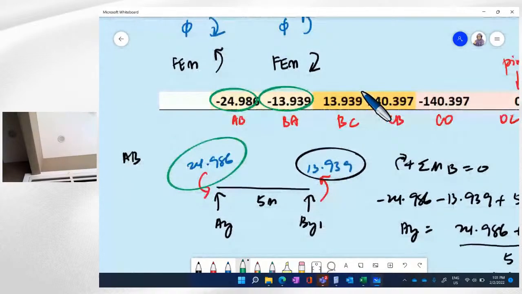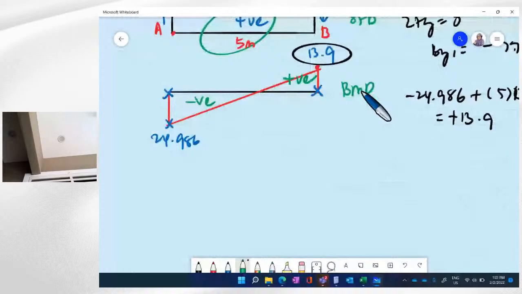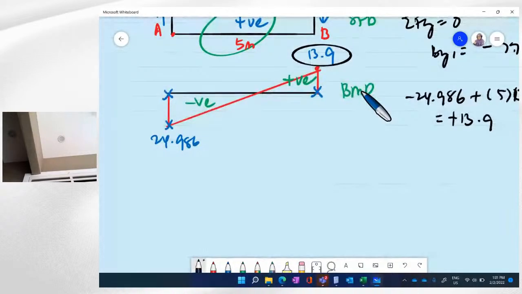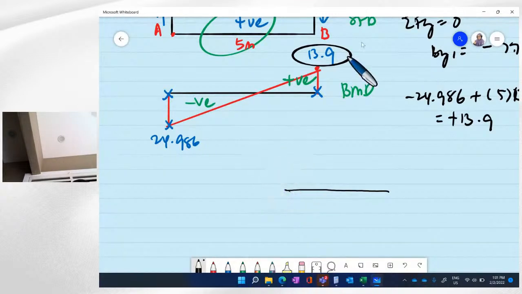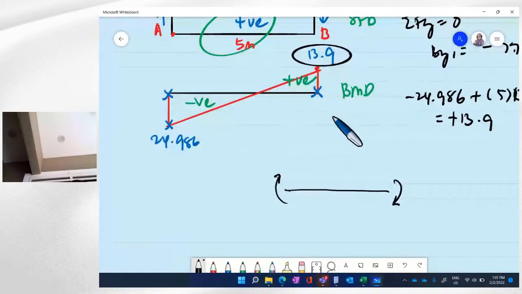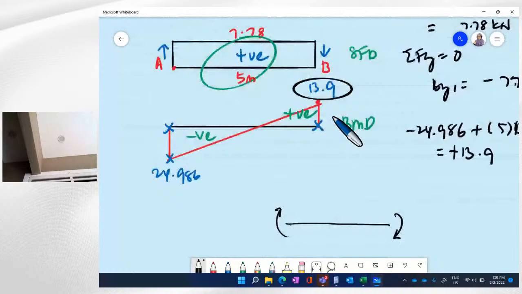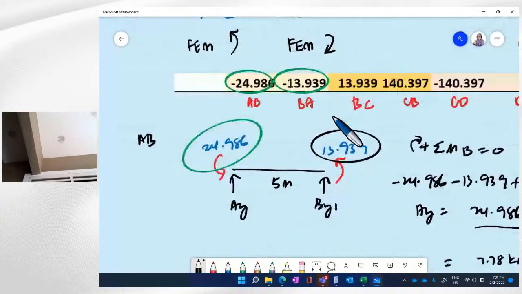So for AB, it is negative and negative. Why negative, negative? Because from table it is negative, negative.